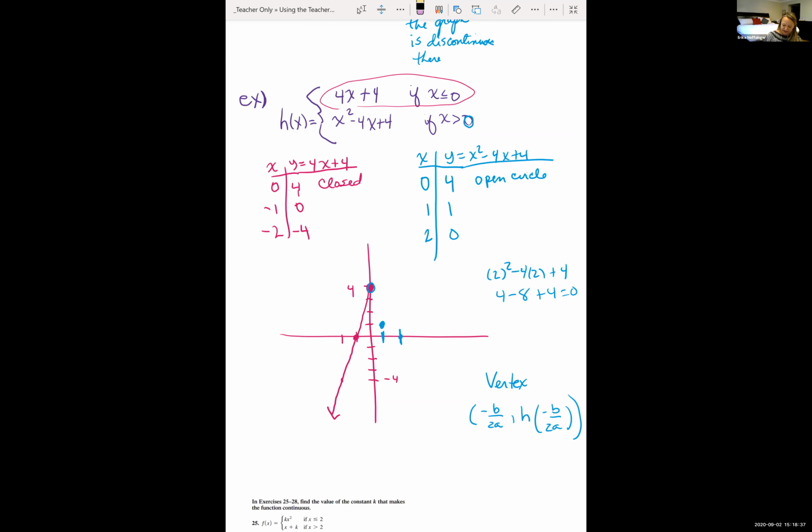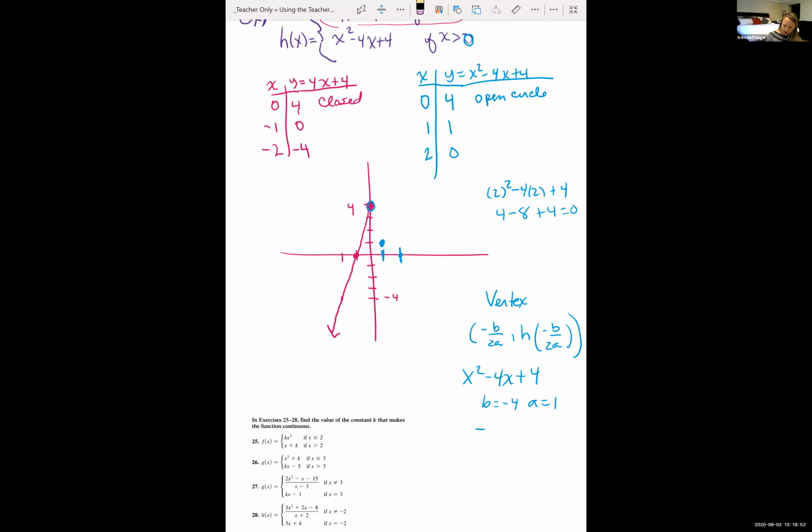In our case, we have this equation x squared minus 4x plus 4, so my b value is -4 and my a value is 1. If I plug it in here, I get negative of -4 all over 2 times a, which was 1. So that's 4 over 2, which is 2. This is where it's going to start changing direction, at this 2, 0.